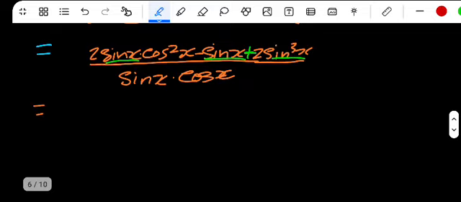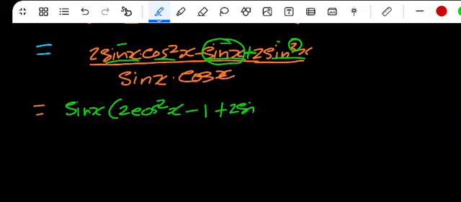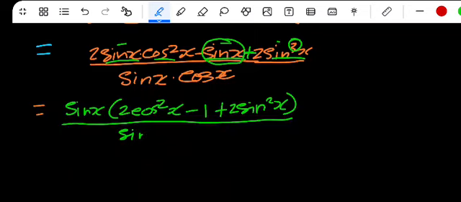So let us take out sine as a common factor. Throughout we'll have sine x into, we'll be left with 2 cos squared x for that part, minus 1 from taking out this sine, plus 2 sine squared x, since it was cubed, divided by sine x multiplied by cos x.